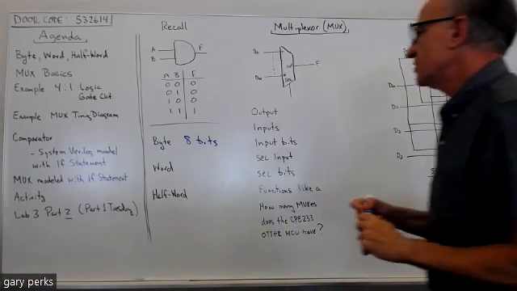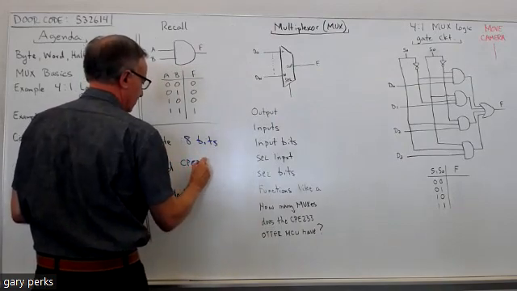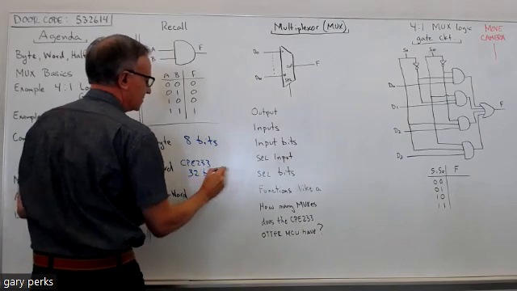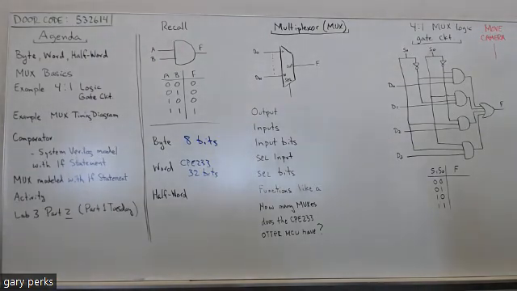So in CPE 233, a word is going to have 32 bits. But if you had a microprocessor that mostly had registers that could hold 16 bits, that would be called a 16-bit microprocessor, and a word would be 16 bits for that microprocessor.